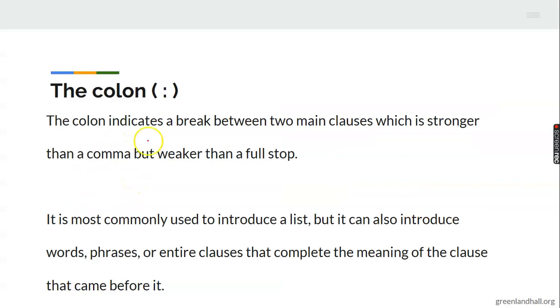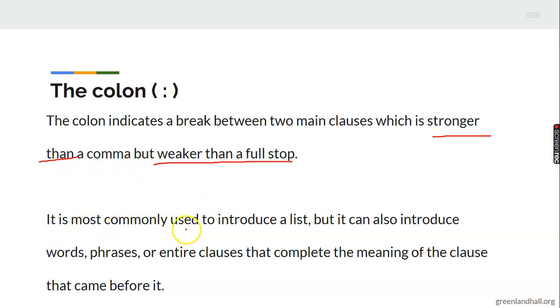Alright? The colon indicates a break between 2 main clauses, which is stronger than a comma, but weaker than a full stop. So we are saying that a colon also indicates a break between 2 main clauses, just like the comma does, but it is stronger than a comma and weaker than a full stop.